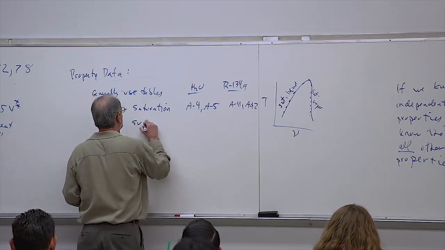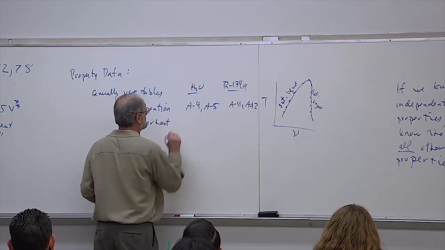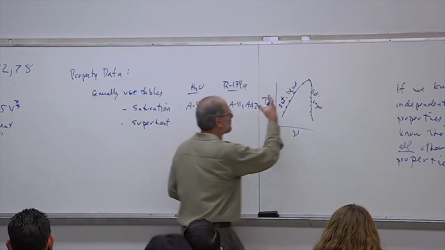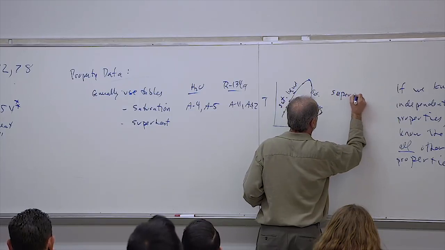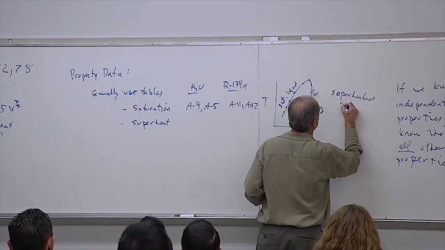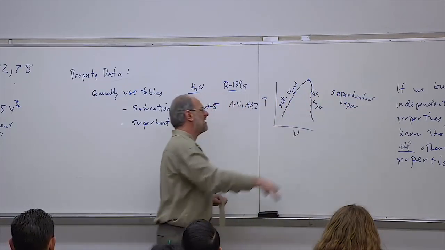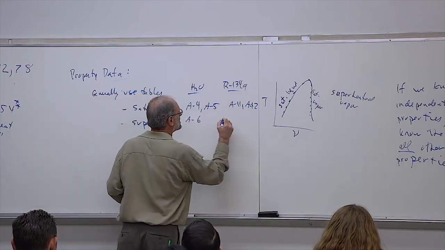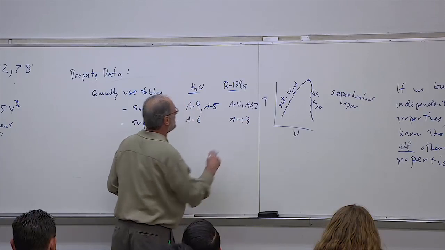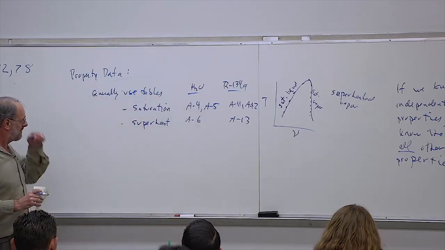Now, we might also have superheated vapor, right? Over to the right of the saturation curve is our superheat. So this is superheated vapor. If you're over there where you're always in the vapor phase, then you're going to use table A6 or table A13 for water and refrigerant respectively.